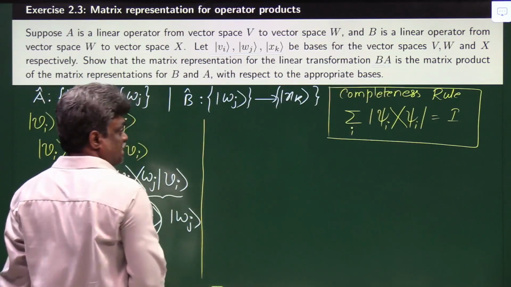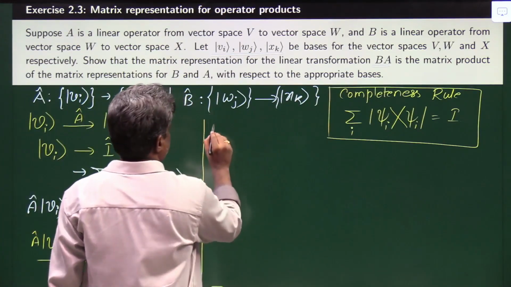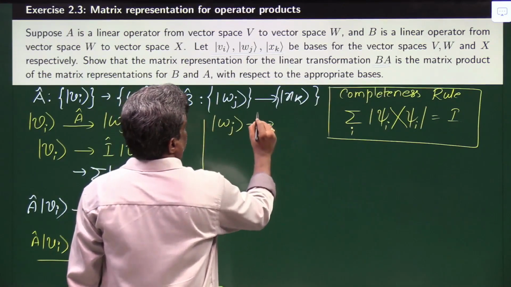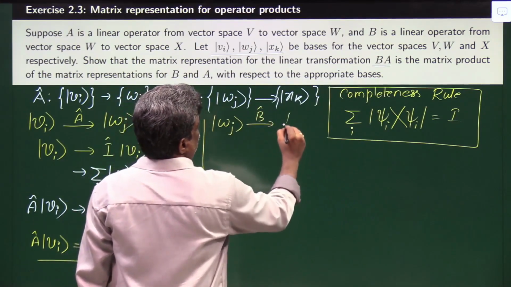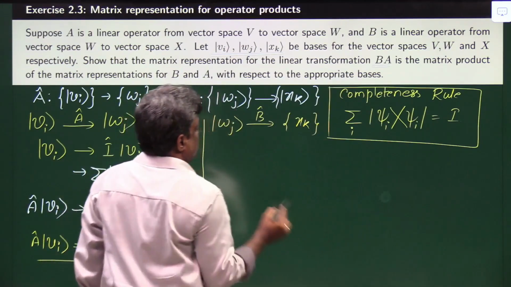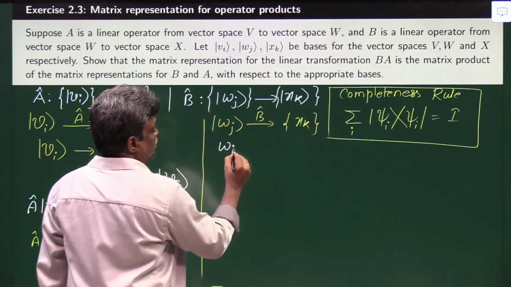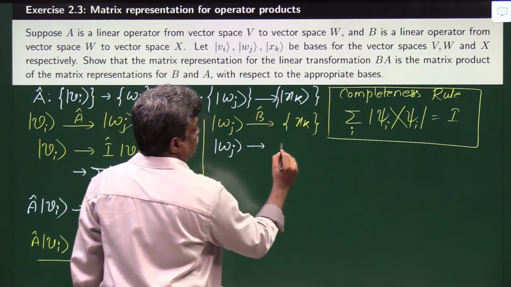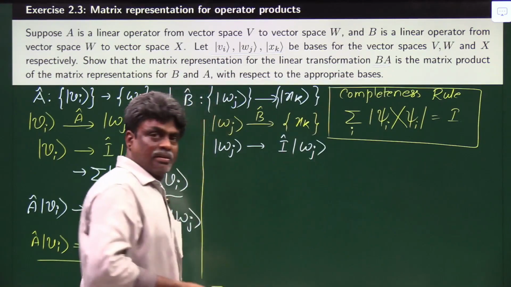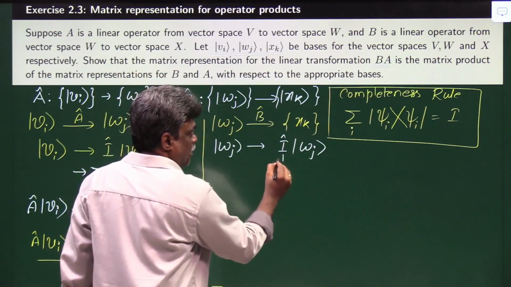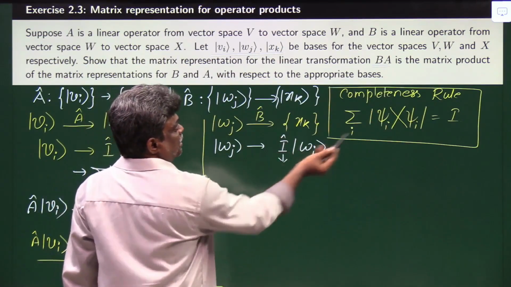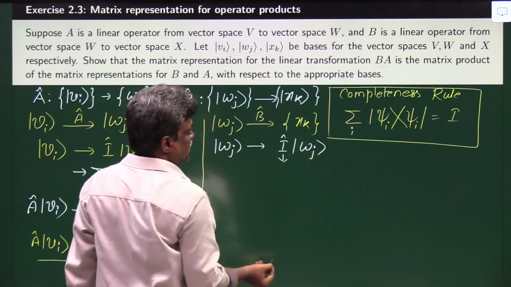If you're still not understanding, let us take B. So here the input bases are Wj, which are transformed by B to Xk. So first I'm taking this Wj, and I can write this as the identity operator, no issue. Now this identity operator we write in outer product form by using the completeness rule.